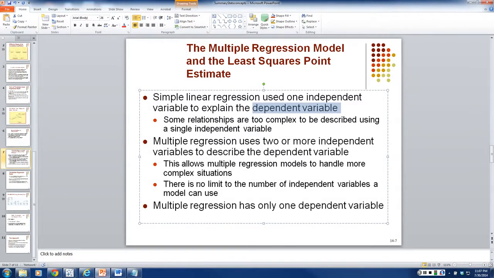There is no limit to the number of independent variables we can put here, and that's when we use multiple regression. But remember, multiple regression will always have one dependent variable. So there will be just one y, but there will be at least two x.